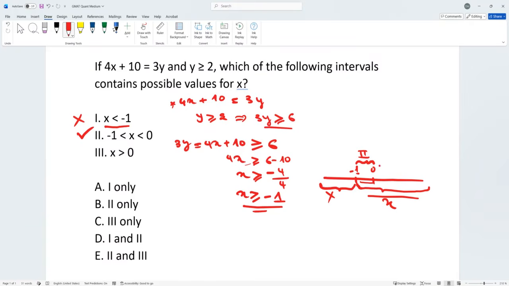So this part here, it's also confirming that it's containing possible values of x. So this is correct. So our answer is answer E, interval 2 and interval 3.